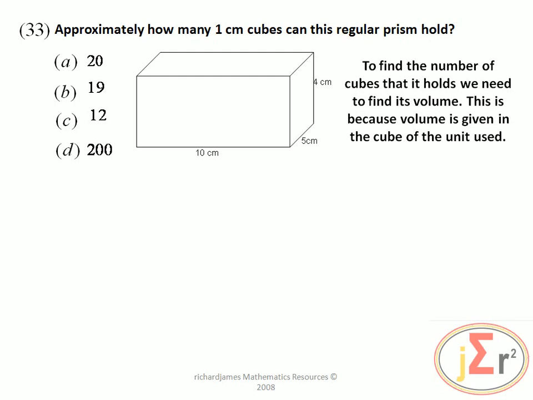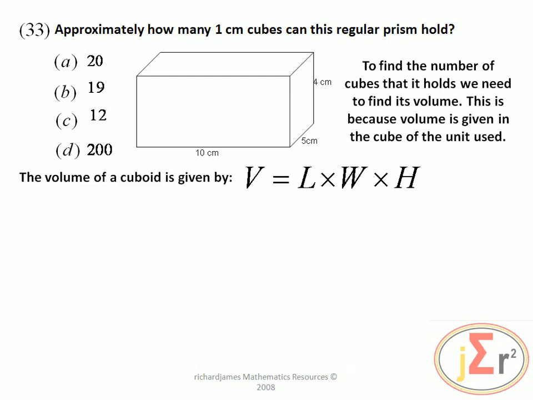So they are saying how many 1 centimeter cubes can fit into that prism. Because they say cube, we know that they are talking about volume, because volume is measured in the cube of the units that are specified.